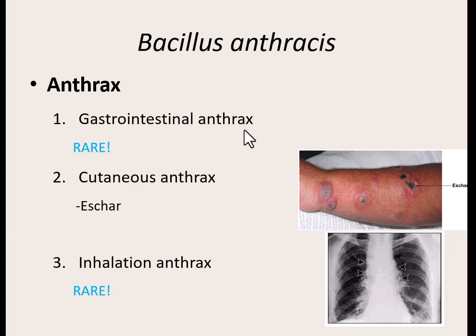Another way it can be picked up is you inhale the spores. Also extremely rare, also extremely deadly, because that bacteria is going to get in there and cause death of tissue in your lungs, which is not good. So it's also very, very deadly. This is generally the one when people think of anthrax, they think of bioterrorism. Oh, a suspicious envelope got mailed somewhere.